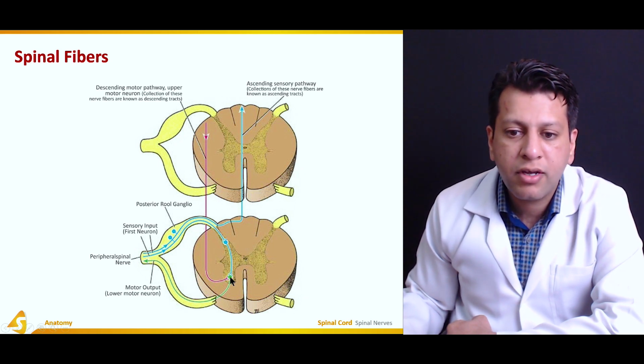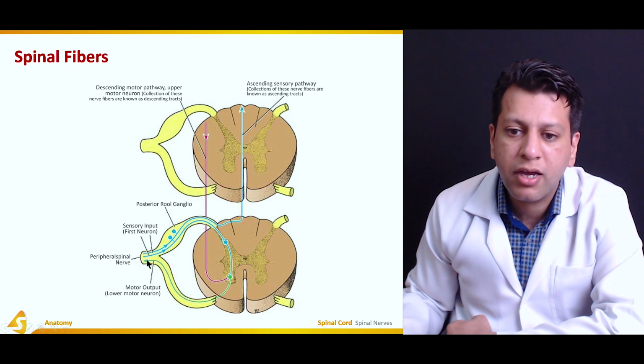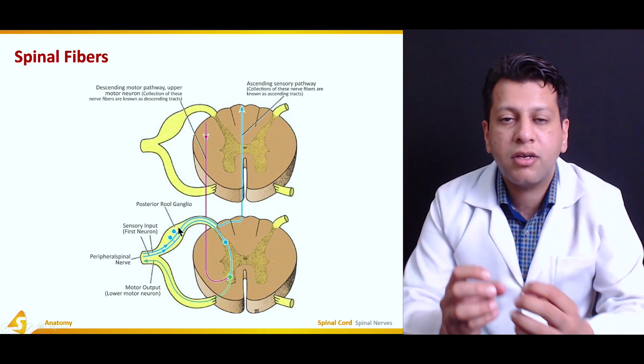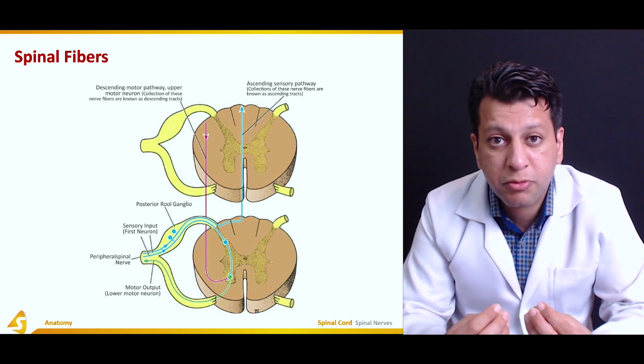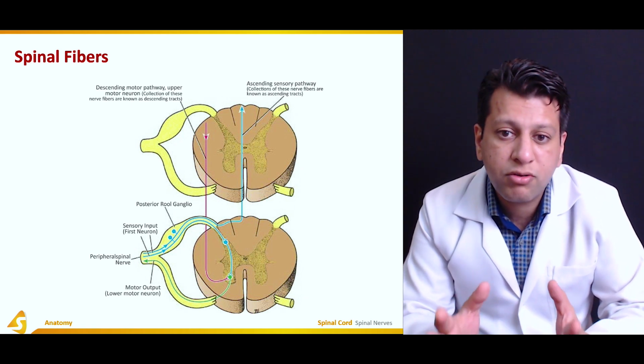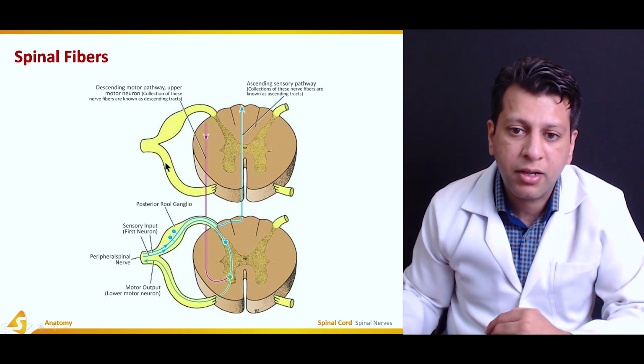From here onward, one fiber is going like this, but all those sensory stimuli are coming from the periphery, and the nuclei of the peripheral spinal nerves are not lying inside the spinal cord, but rather outside it, forming a dorsal root or posterior root ganglion, in which the nuclei of these spinal nerves accumulate to form a swelling lying just outside the main spinal cord, called the dorsal root ganglion, which can be appreciated over here.